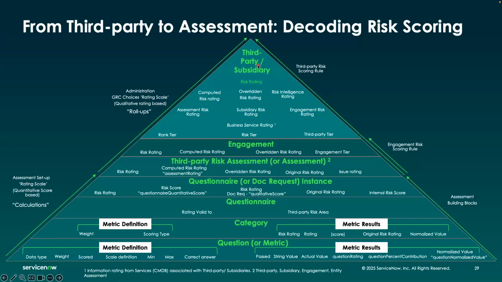Third party or subsidiary. Risk rating. This is a calculated and read-only attribute on the company or third-party record. It is the third-party risk scoring rule that applies to the company or third party that updates this attribute.